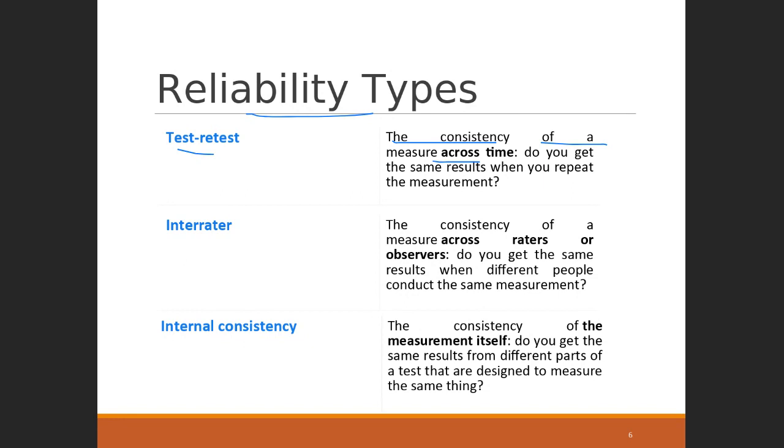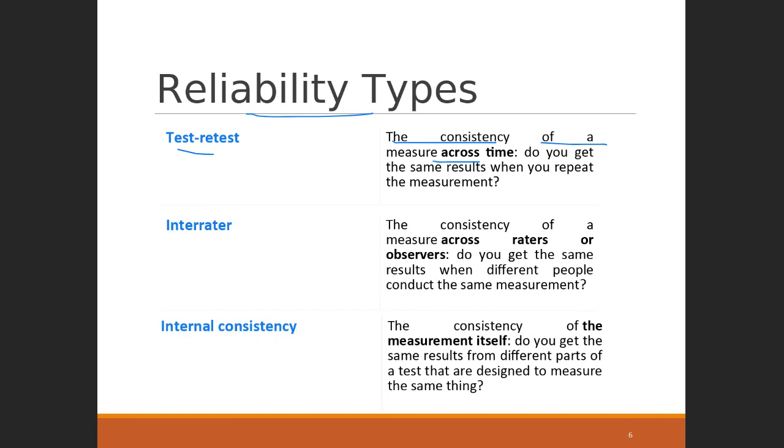For instance, job motivation may not remain constant during your job. Some days you might feel more motivated as compared to other days. On the other hand, the IQ level of adults usually remains constant. So test-retest reliability shall only be used when you expect your concept to remain constant over time.